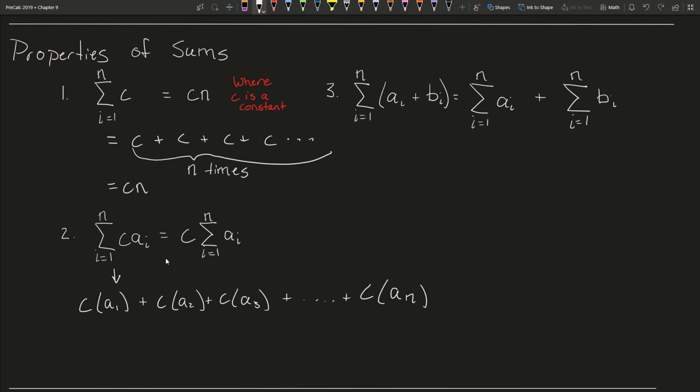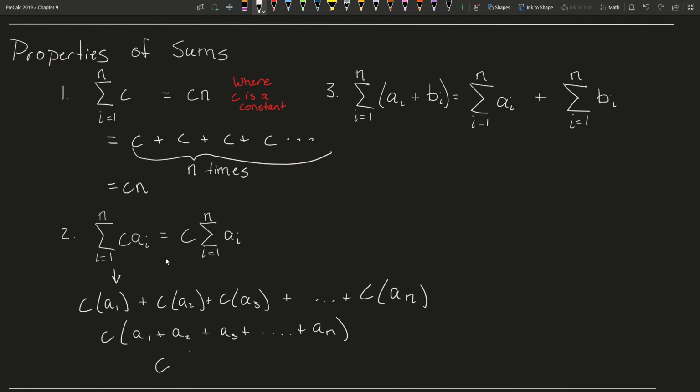So each term in the sequence has a constant being multiplied by it. Okay, so if we were to factor out that constant, we get c times the sum of all the terms. And then in this big set of parentheses, that's just the sum of ai.